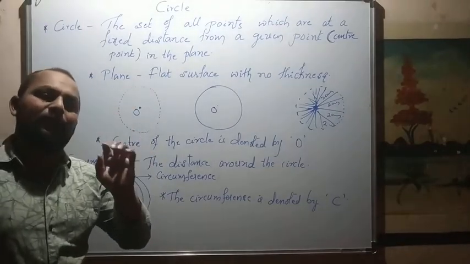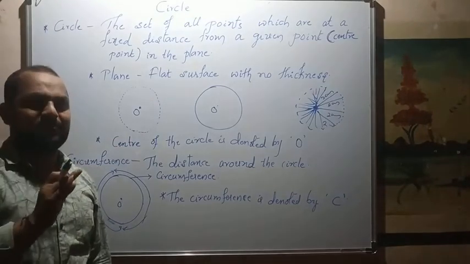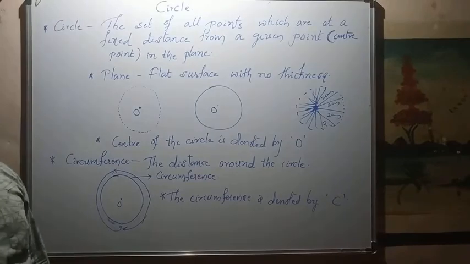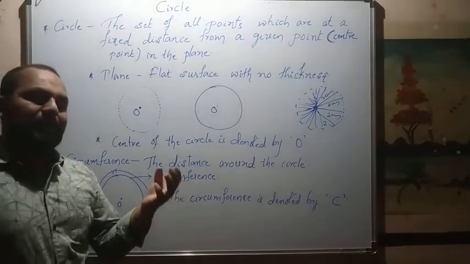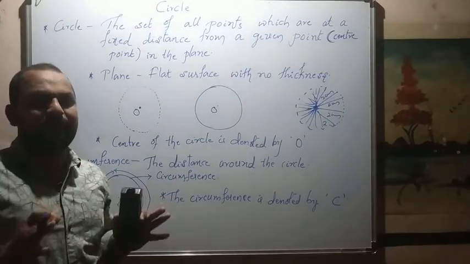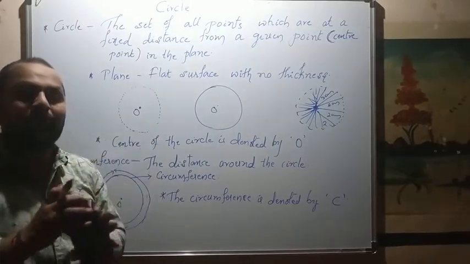Here in a square, the number of sides is 4. In a square, rectangle and triangle, the boundary of the closed figure is called the perimeter.